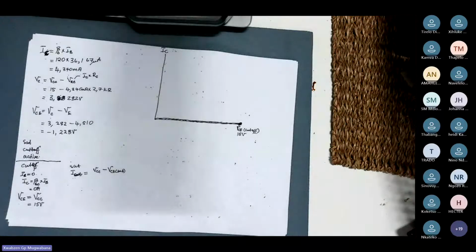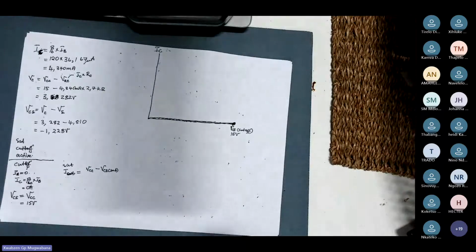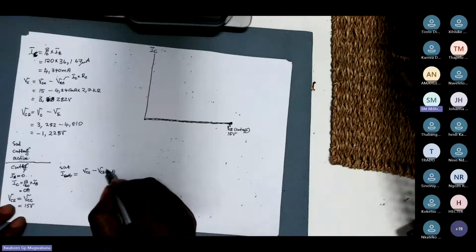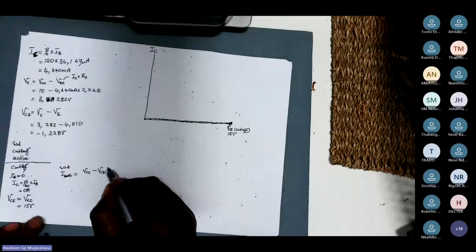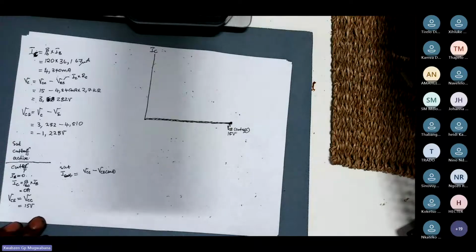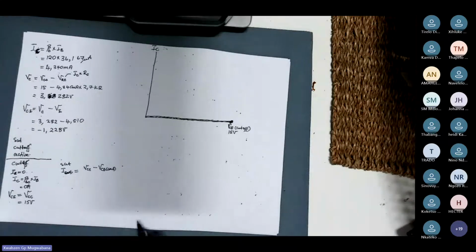Then you ask, what is the maximum current during that saturation? What is the VCE saturation? If it's not given, then we assume that VCE saturation is 0. If it's given, they will tell you what the saturation voltage is.